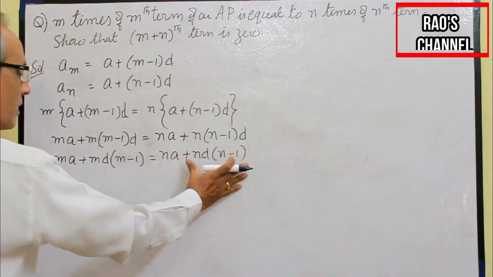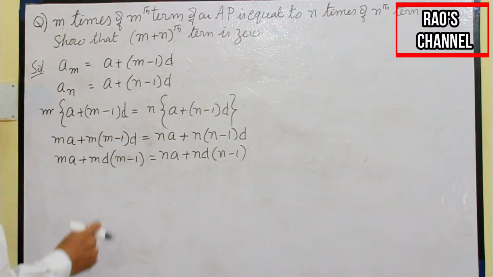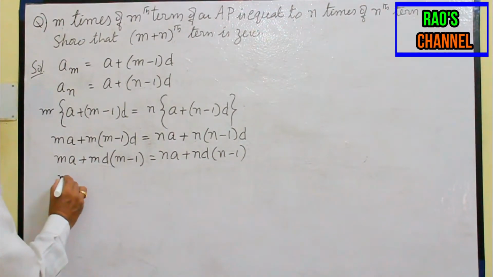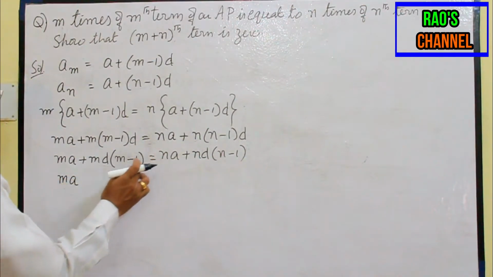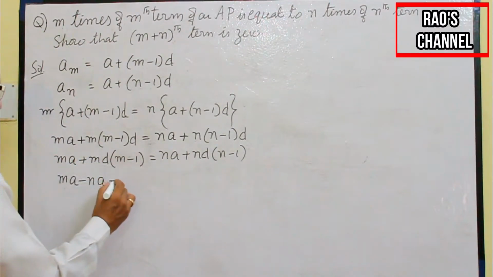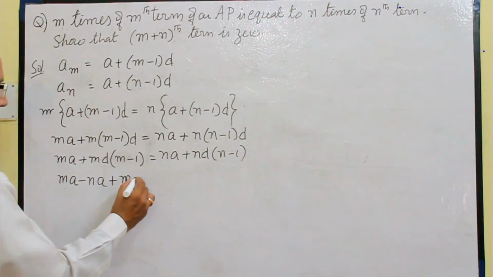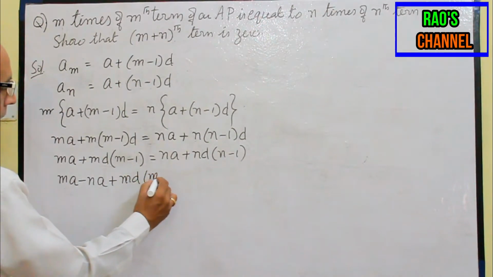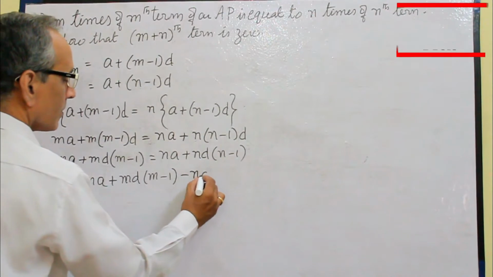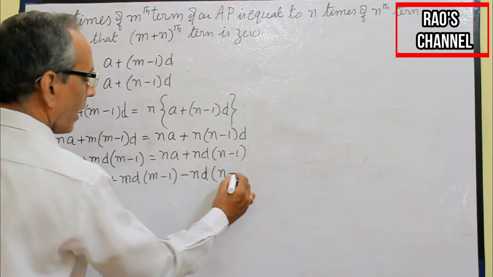I transpose everything to the LHS so that the right side becomes 0. So mA minus nA plus md(m minus 1) minus nd(n minus 1).